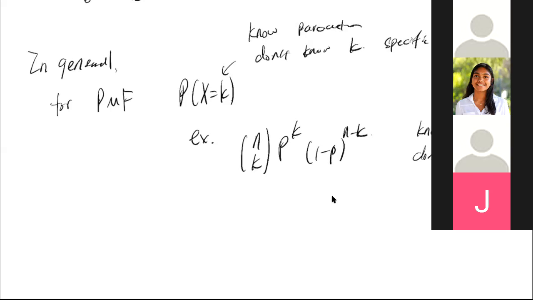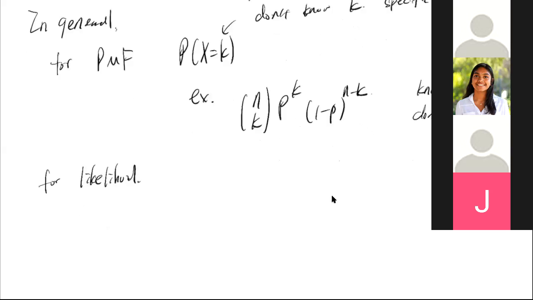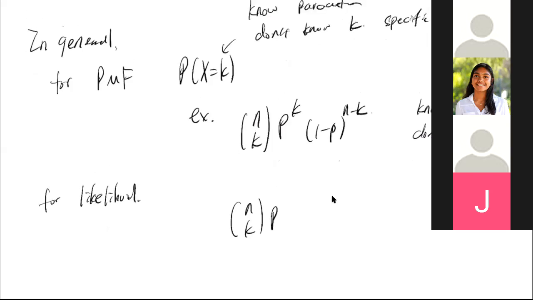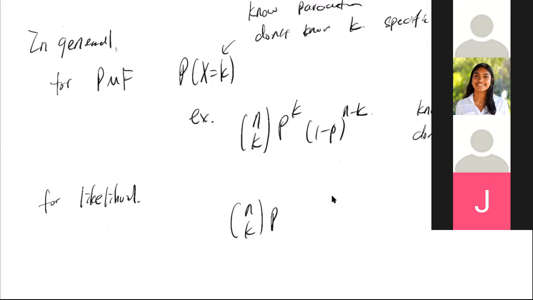But if you don't know a specific problem yet, you are just given a probability distribution. But for likelihood, it's still the same thing, n choose k times, and here you know the probability p. That's also a parameter input.